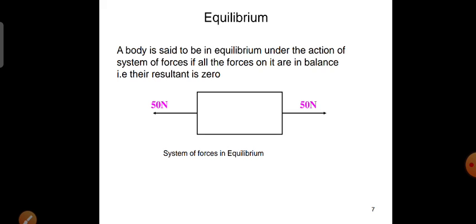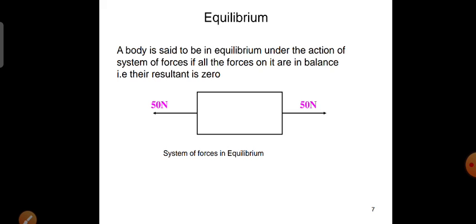Whenever all the forces acting on that body are in balance, then definitely the effect becomes 0. That means those forces won't affect that particular body. So that is the statement given in this slide.